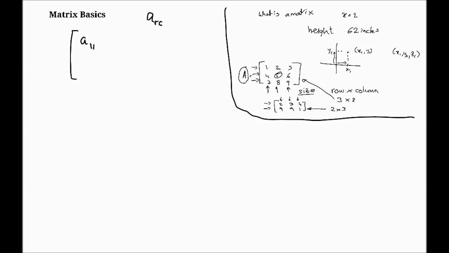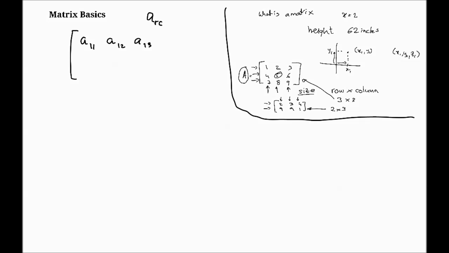For instance, the second number here, A, because it's a general matrix. What row is this? Still row 1. And what column is this? It's the second column. This is the first column, this is the second column. So let's go to the third one then. A, 1, 3. And you get the idea.